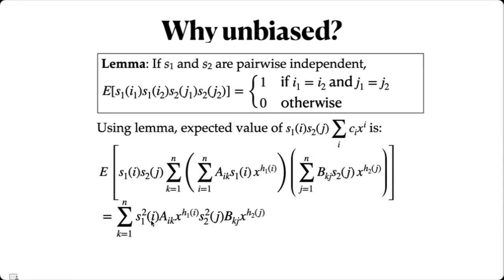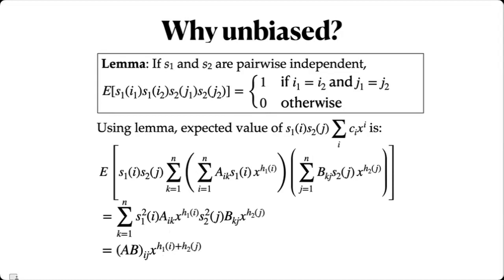And furthermore, we get S1i squared and S2j squared, which again is just 1 as before. So what we get is indeed the ijth entry, and the power of x in the polynomial is exactly x to h1 of i plus h2 of j.